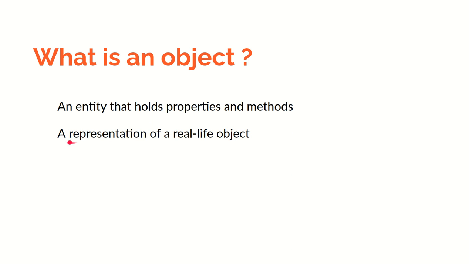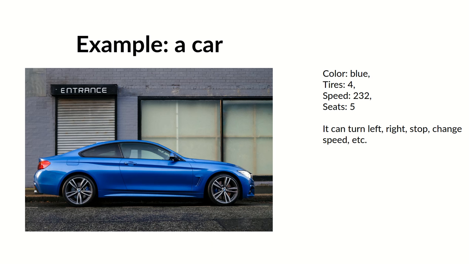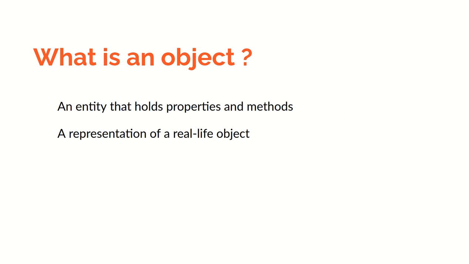An example I can give is that an object is a representation of a real life object. For example, we have a car. This car itself, we can say that it's an entity, so it's like a world.